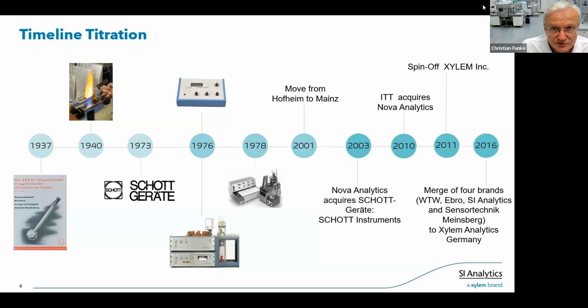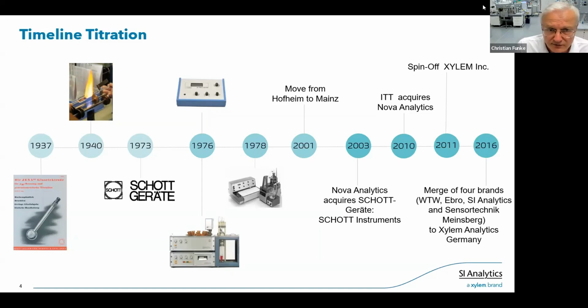But it happens that Schott decided to go out of the laboratory business. So they sold us to Novalytics, which is a US-based company. They also bought other companies like WTW, Elpro, Bellington Stanley, and others, and created a company called Novalytics.